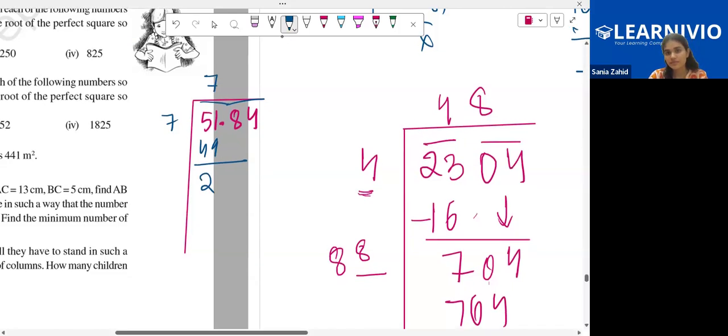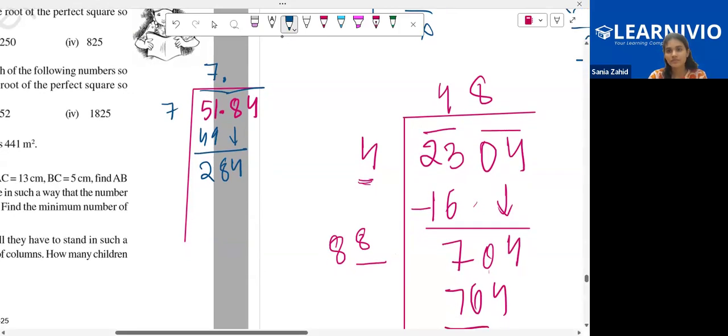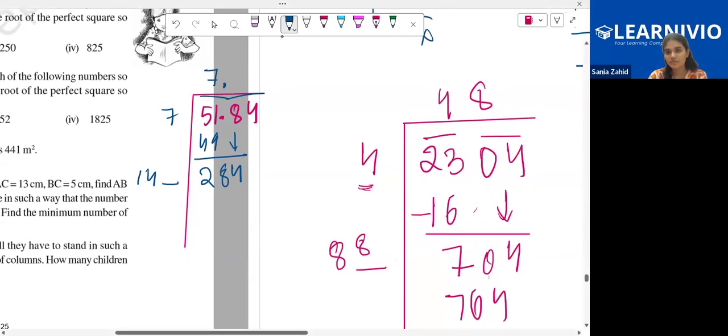Now we put the decimal point in the quotient, and then you bring down 84. Now we double 7 and it becomes 14, and then we use 2 as the digit. That's correct. 142 times 2, 284.